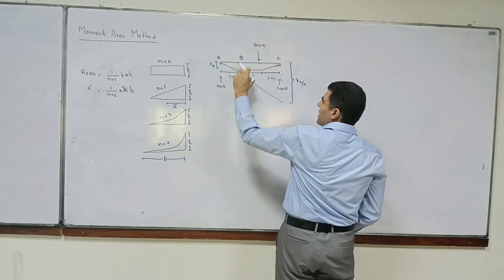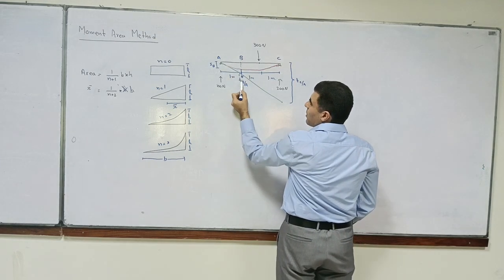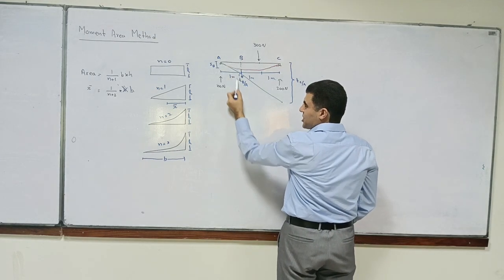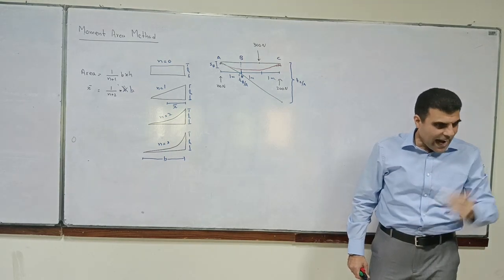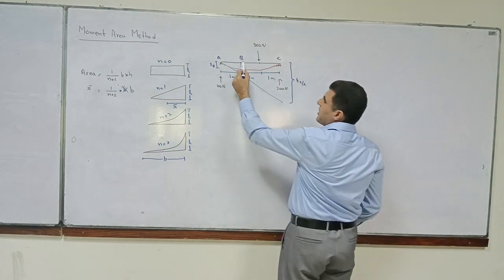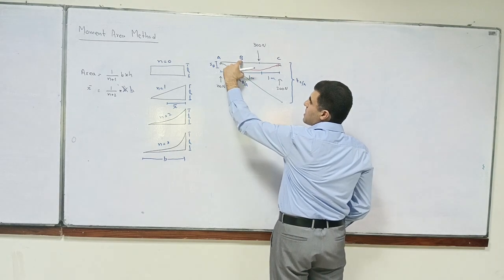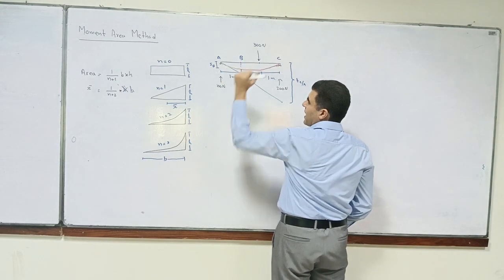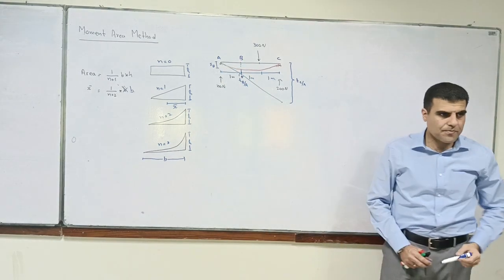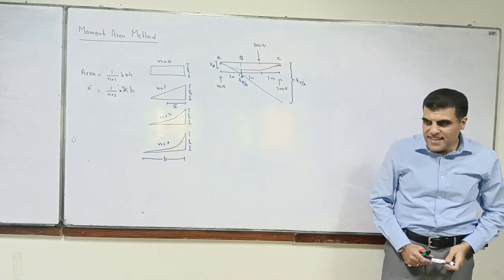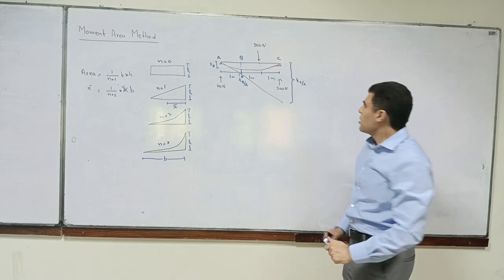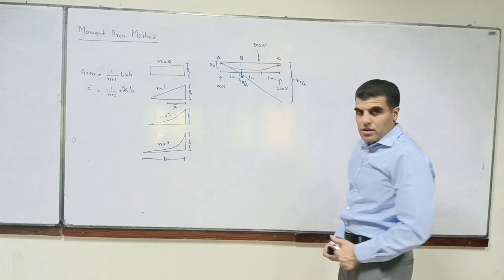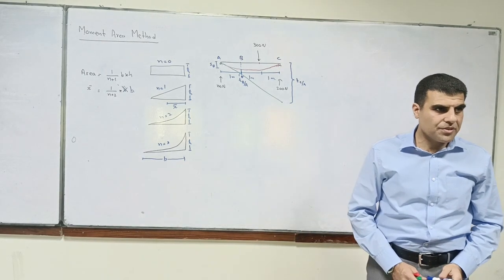Once we do that, we can find the tangential deviation of B when the tangent is drawn at A, and once that is known, we can subtract it from BB prime and find our delta B. Does that make sense? Okay, so that's how. Any question about this?